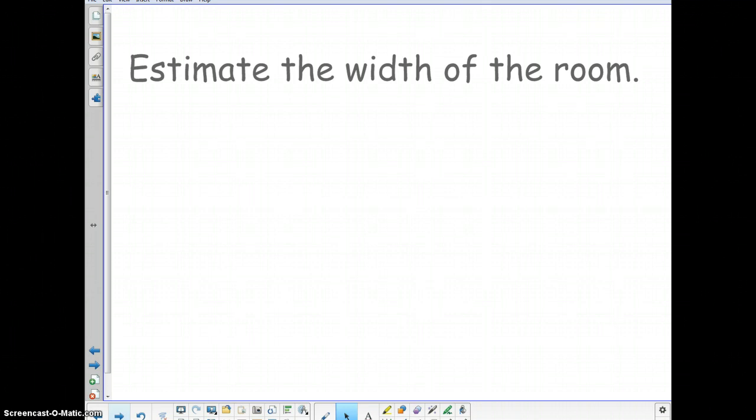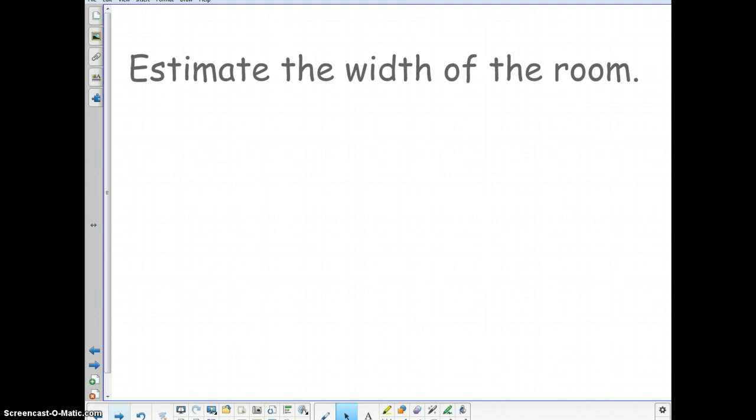You can think about it in how many baseball bats could I fit along the back wall, or how many textbooks could I line up so we would know the distance from one wall to the other. So it would be the wall from the blackboard all the way to the wall with the window on it.